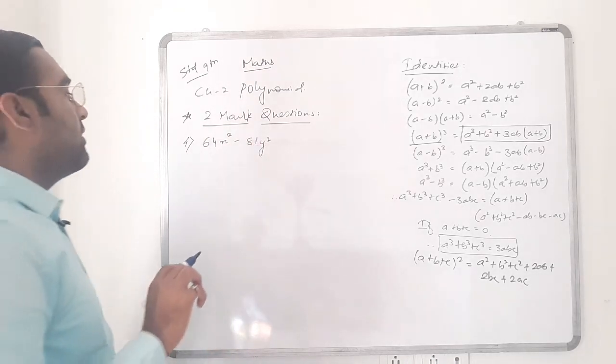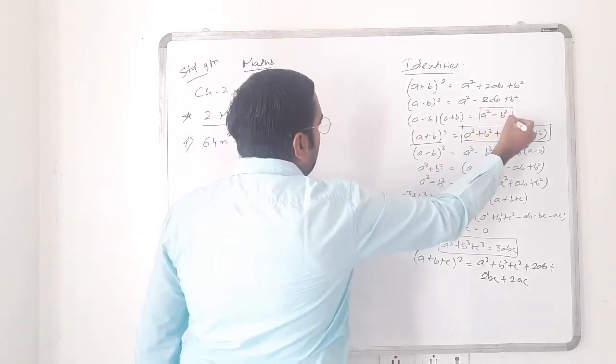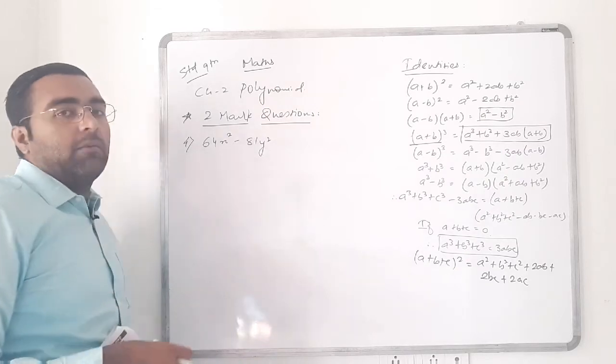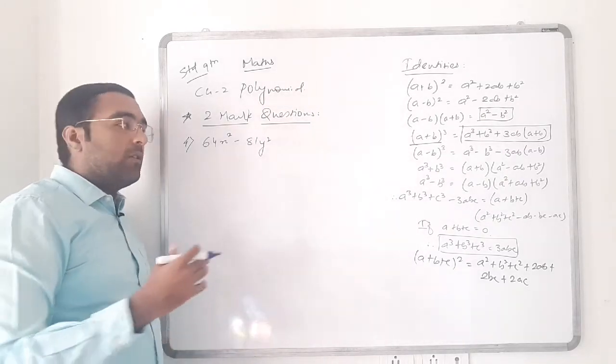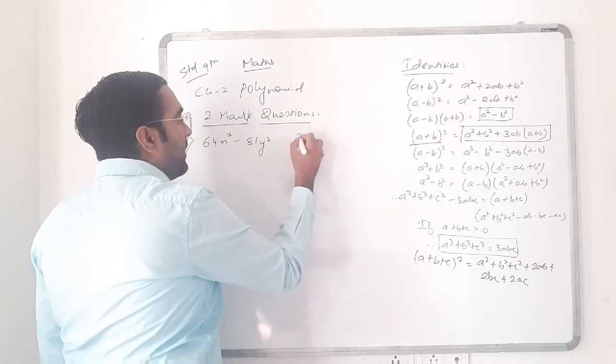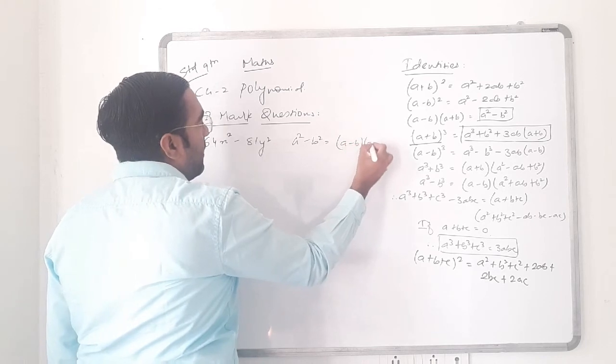Here your identity will be a square minus b square. In a square minus b square, you can also write it as a minus b times a plus b.